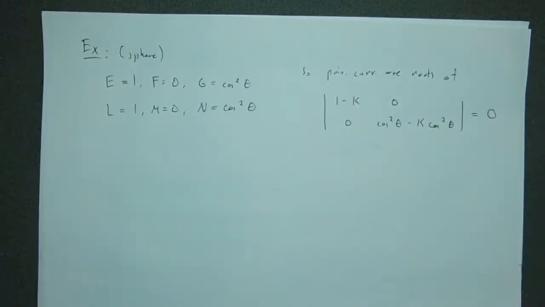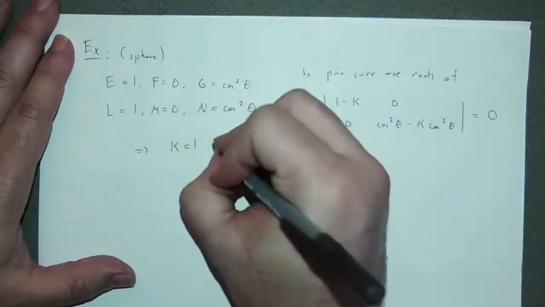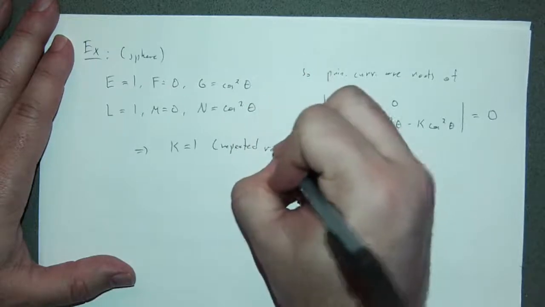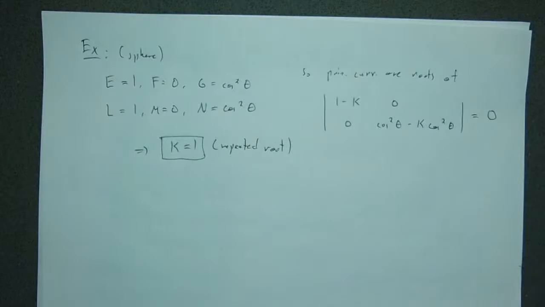So what do I get? I get kappa equal to 1. This is a repeated root.